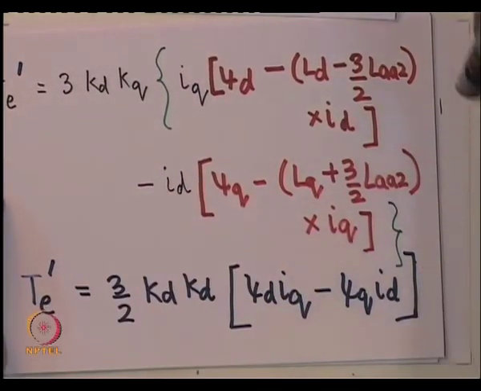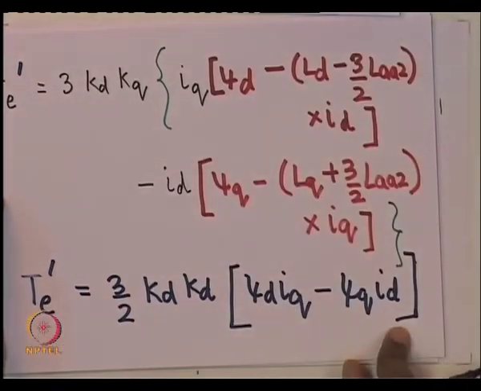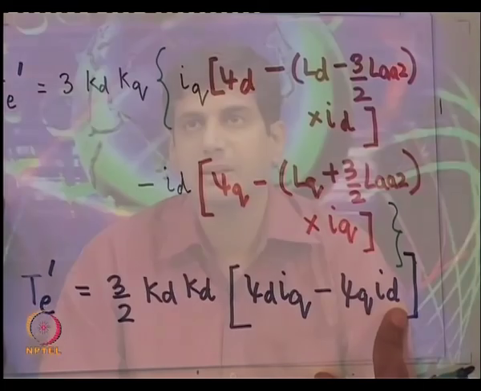Okay. So, what we have here is basically a very neat expression, which is again devoid of any of the thetas. They are all in terms of d and q variables only. So, that is one interesting thing. So, our equations are turning out to be extremely neat. Now, in fact, if you write down the equations in dq variables, you will find that your equations no longer will have theta explicitly appearing in them.